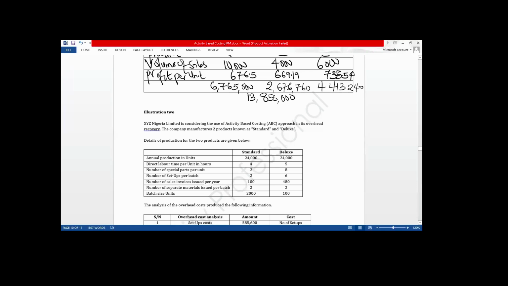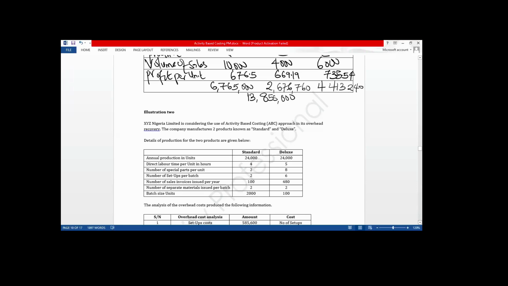Details of production for the two products are given below. We have standard, we have doulos. Annual production in units, 24,000 units for each product.